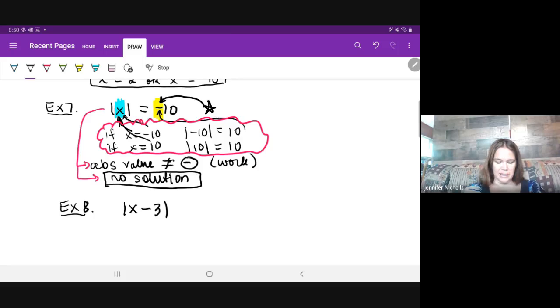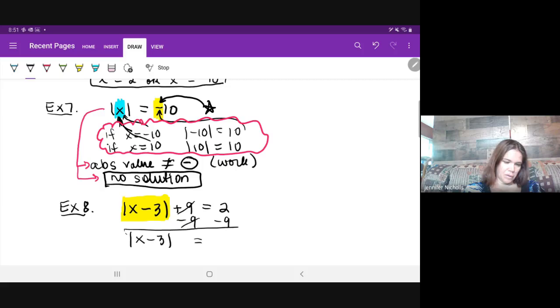So say you have this plus 9 equals 2. It looks like a fine problem. How do you start? I can't split yet. So what do I do first? And that's what?